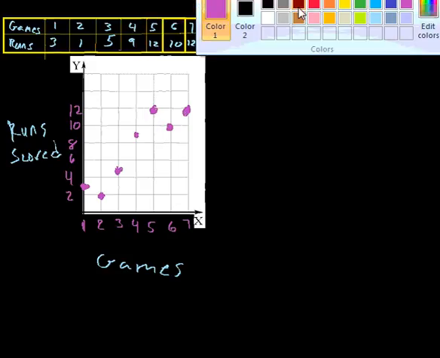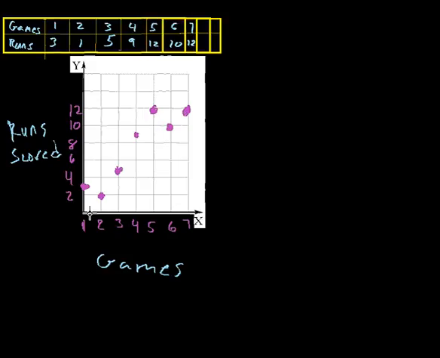So getting a new color here, I'm just going to draw that correlation in. And what I'm creating here is the trend line, or the line of best fit. So it seems like that would possibly be the line of best fit right in there.